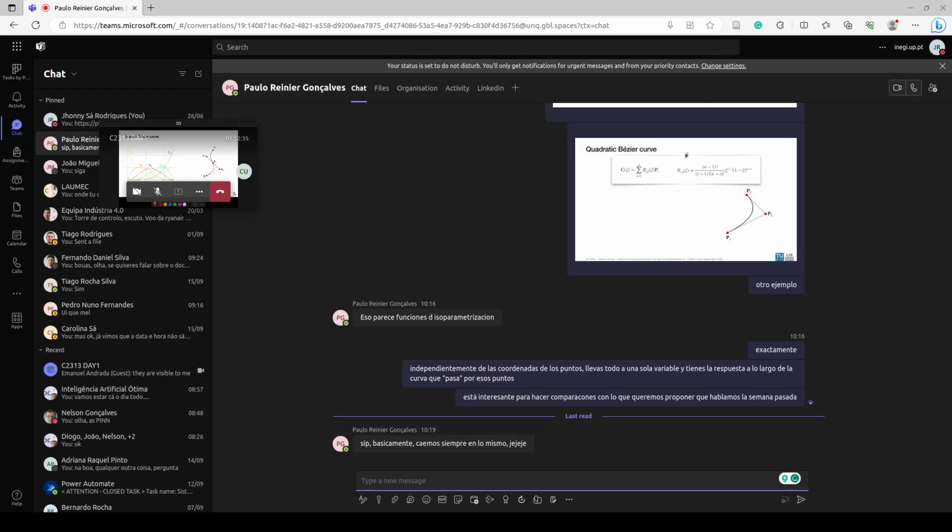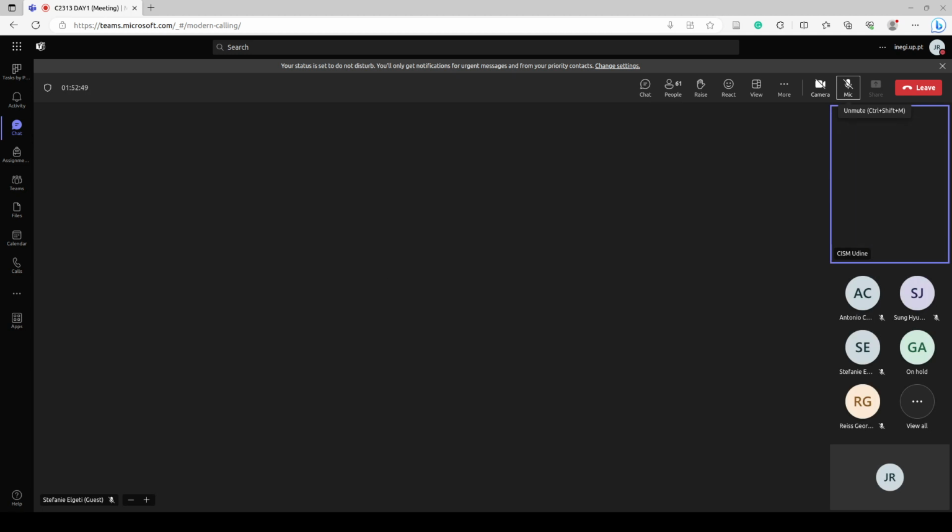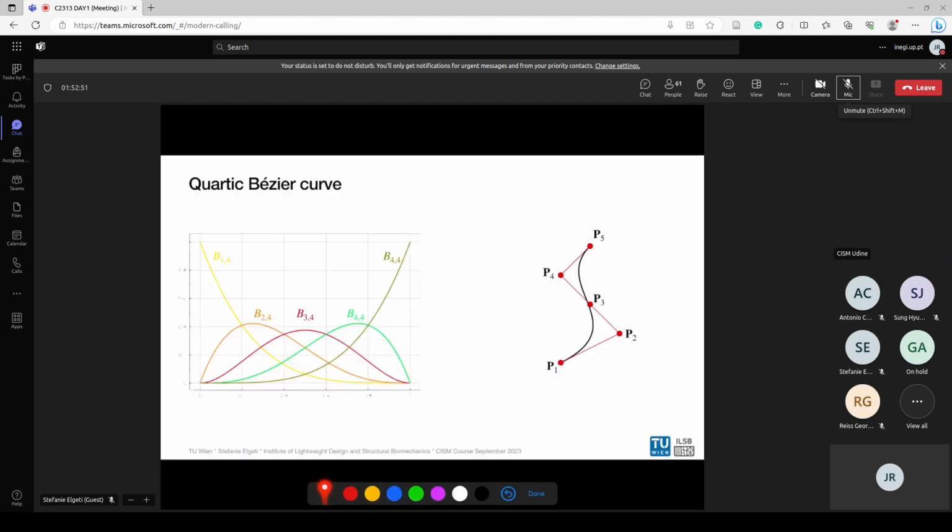We can continue to quartic. The picture is very similar. So again, here only the first basis function has the value of 1. All of the other ones are 0. And we can generate a curve that looks like this. And here I want to give you an example for another property. So all of the basis functions are non-zero everywhere in the domain except for these 2 boundary points.